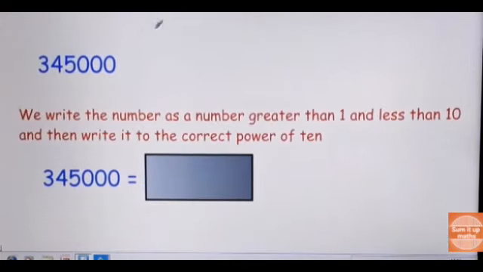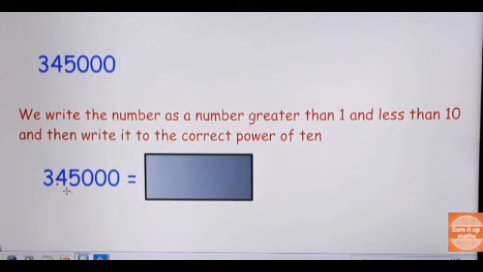Okay then, so let's have a look now at this number, 345,000. So we write the number as a number greater than 1 and less than 10, as I've previously said, and then we have to write that to the correct power of 10. Well, we've got 345,000. I'm going to write it as 3.45 and then do it to the correct power of 10.